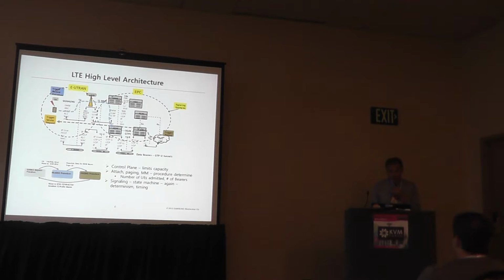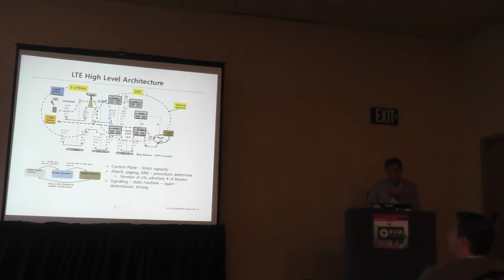Of course, LTE is much more complex. It has the E-UTRAN portion, and it has the enhanced packet core portion. And most of the focus is on the packet core right now because the packet core, for the most part, is just a standard server with Ethernet and storage.